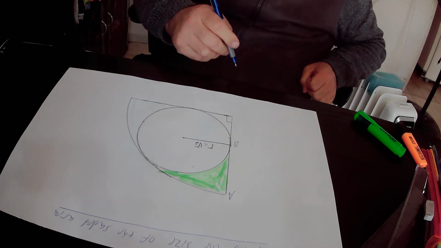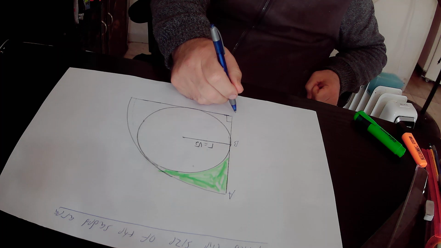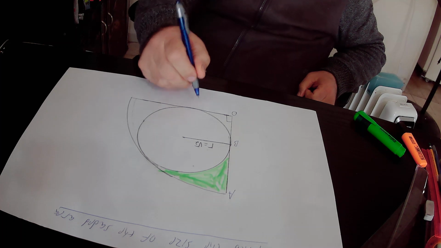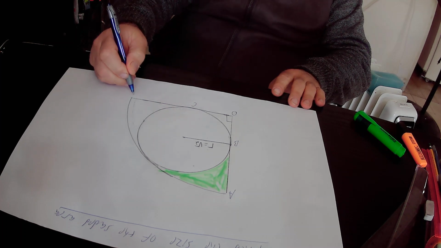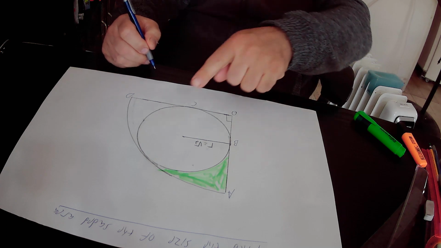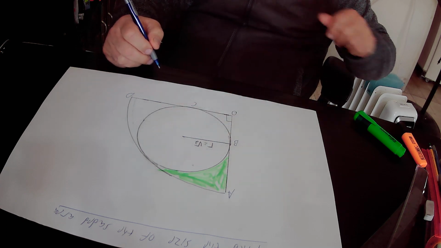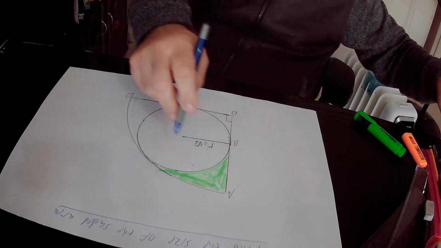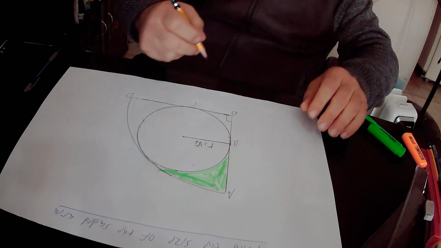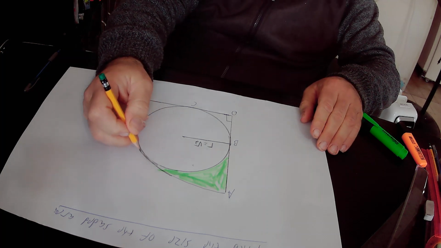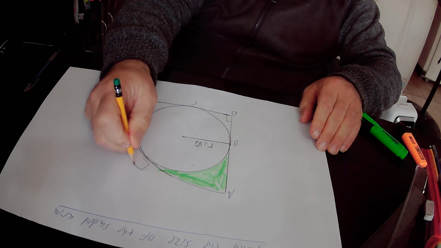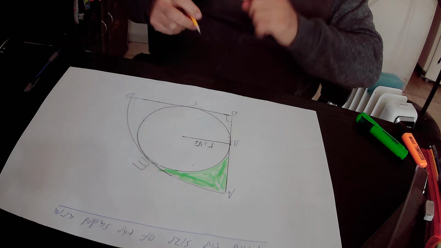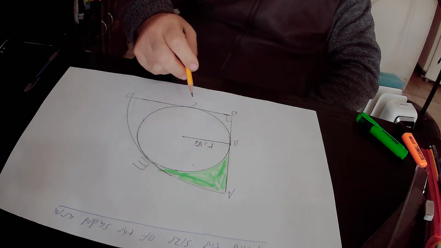We define the center of the big circle as O. We define this point as C. We define this point as D. This point is the touching point between the small circle and the big semicircle. We define the touching point as E. And finally, we define the center of this small circle as F.